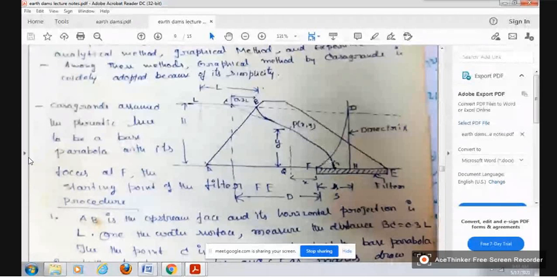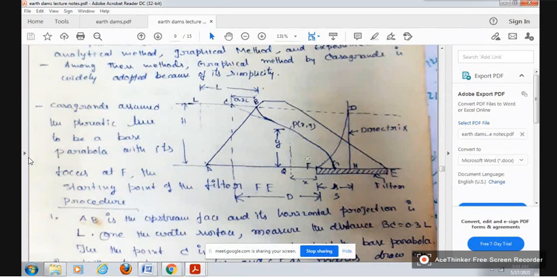How do you locate them? You know the property of the parabola. Any point on the parabola is equidistant from the focus as well as from the directrix. This is the property of the parabola. Let us say this is one point.